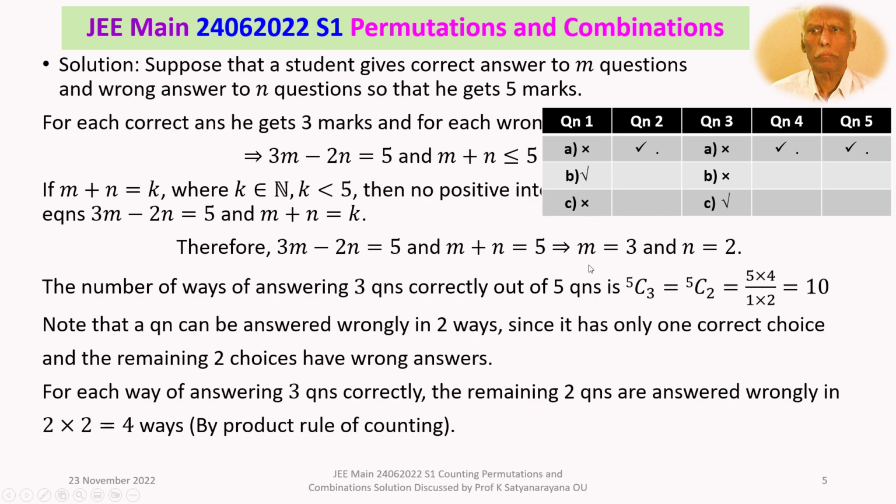So this question is 2 and the next question is 2, that is 2 into 2, 4 ways. So for each way of answering 3 questions correctly, but 3 questions are answered correctly in 10 ways, the total number of ways a student gets 5 marks is 10 into 4, that is 40. That's your answer.